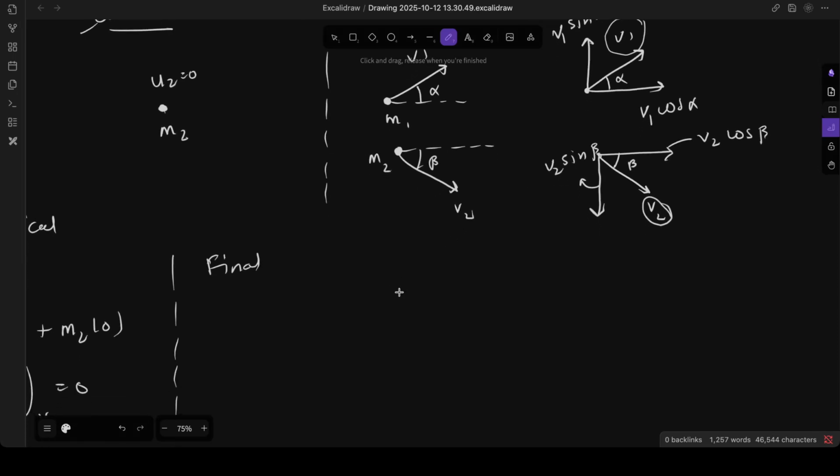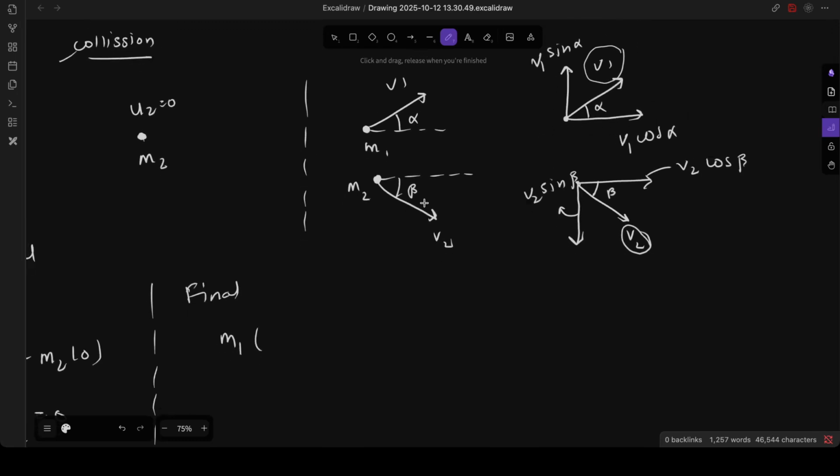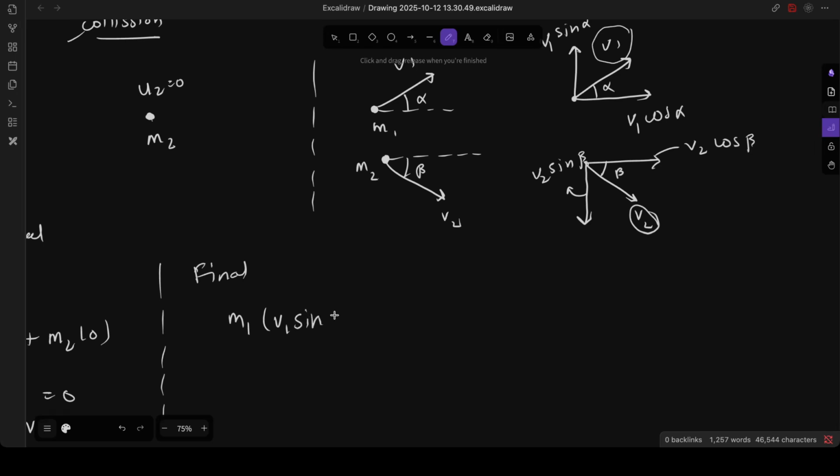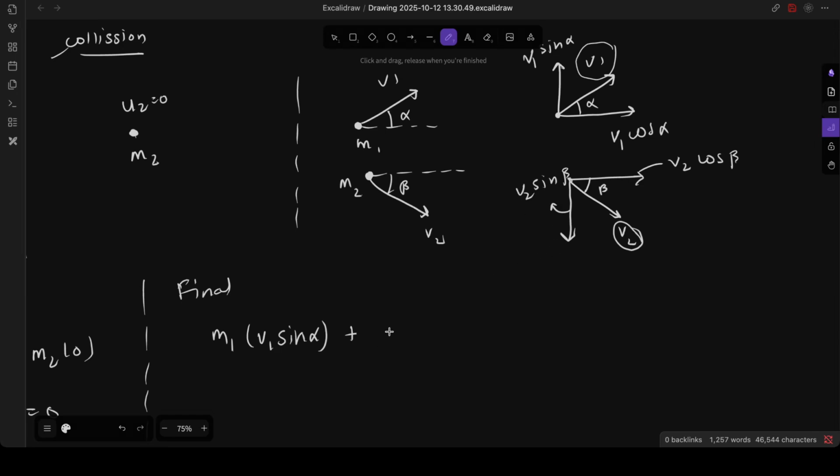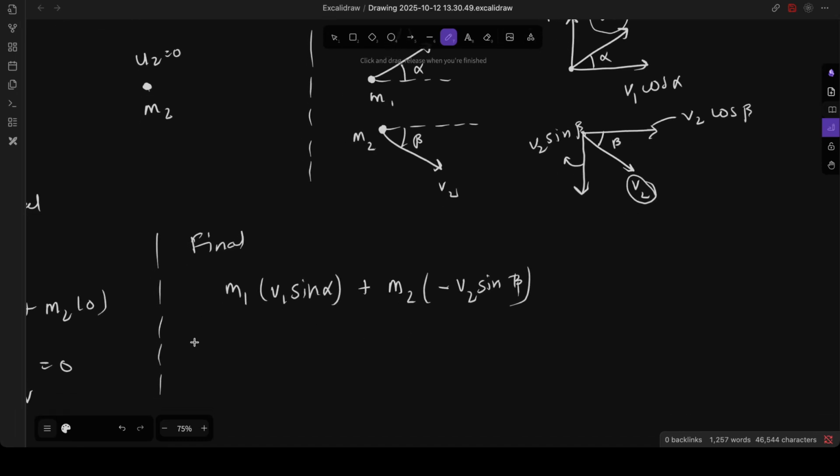As I said, momentum is a vector quantity, so you have to take direction into consideration. For the total final momentum, m1 velocity is v1 sin alpha, plus m2, whose velocity is downward, so it would be negative: negative of m2 v2 sin beta. So the sum of final momentum in the vertical direction would be m1 v1 sin alpha minus m2 v2 sin beta. As you can see, I have used the negative sign.